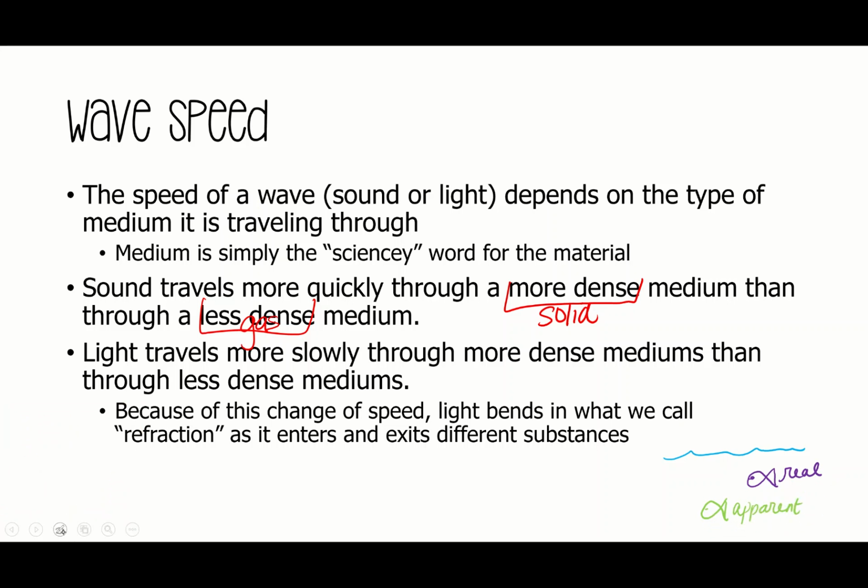So when you go to spear that fish, you're going to miss the real fish. That's because light bends when it travels from air into water or water into air. And remember, your eyes are in the air. So light has to go through both of those mediums for you to see the fish.